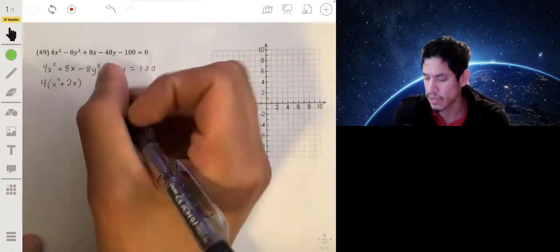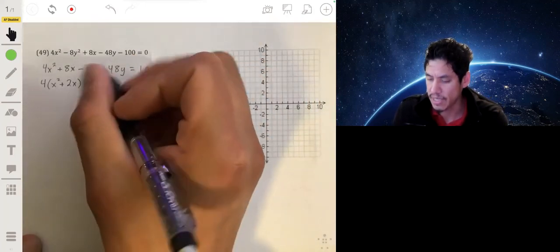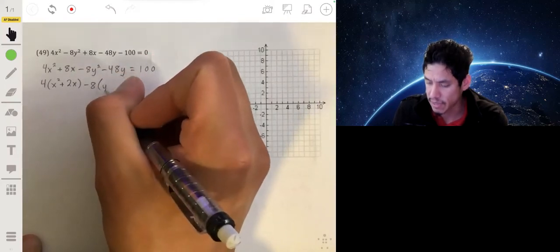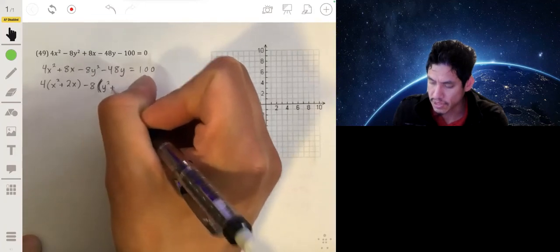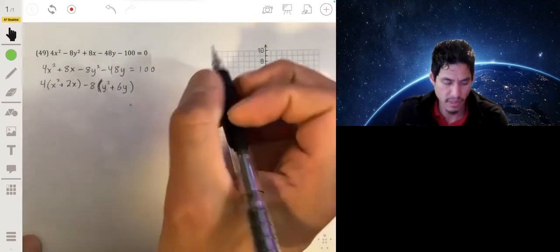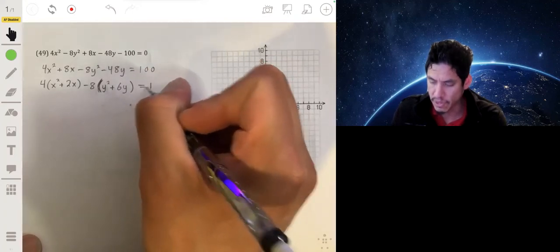And then for the y terms, we're going to factor out an 8. So we're going to have minus 8 times y squared plus 6y, equal to 100.